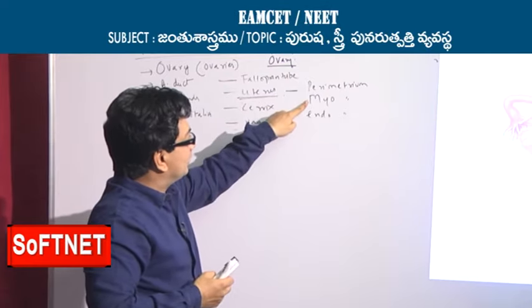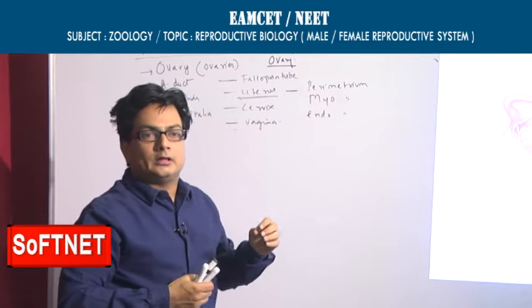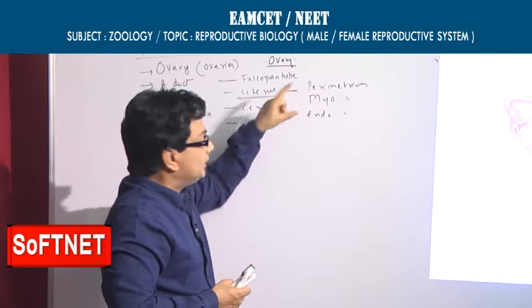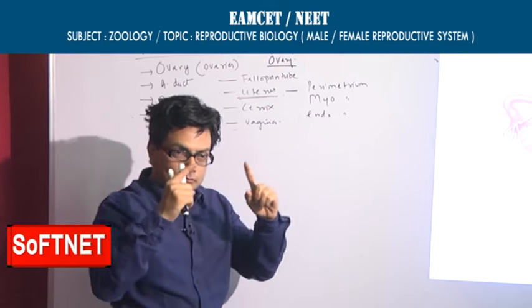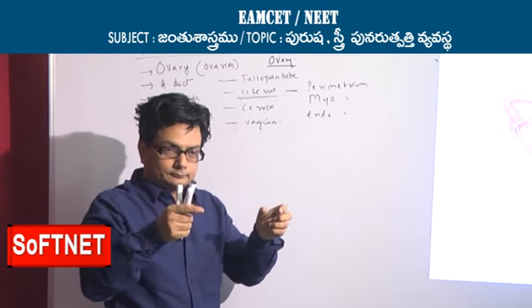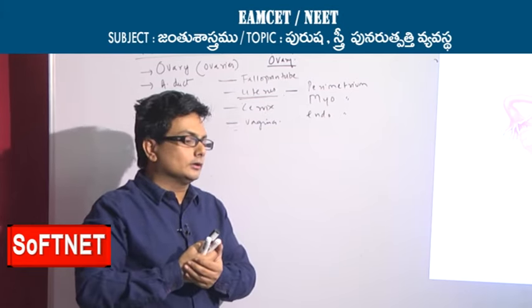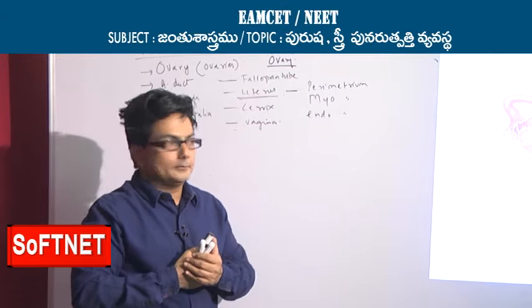So perimetrium, myometrium, endometrium are the three regions of the uterus. Perimetrium is the outermost covering of the uterus, then the muscular myometrium, and the innermost lining called the endometrium.